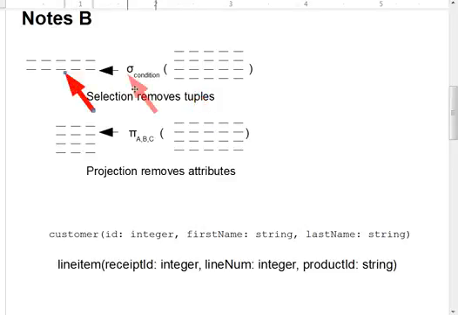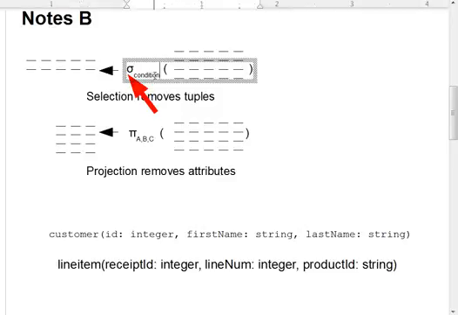The Greek lowercase sigma represents selection, with the where clause given as a subscript. So, for instance, if I wanted to select for price greater than or equal to 10.0, I'd write it here in the subscript next to the sigma symbol. And that signifies selecting only those rows or tuples from product whose price is greater than or equal to 10.0.